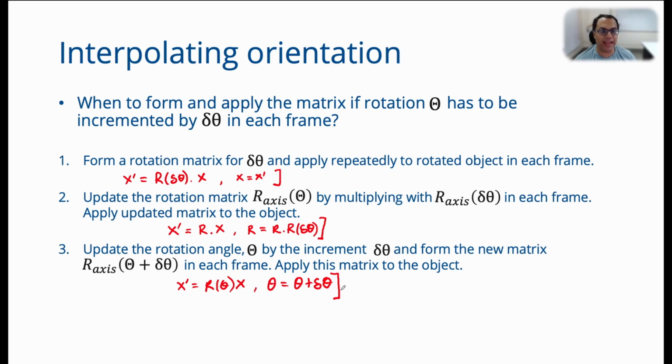So kind of rank them by figuring out what might go wrong when you perform the same operation using these three different strategies. Mathematically, these three operations are the same. However, when you implement this, they will give you different results. So I want you to figure out which one of these is the best way to implement the updating of orientation.